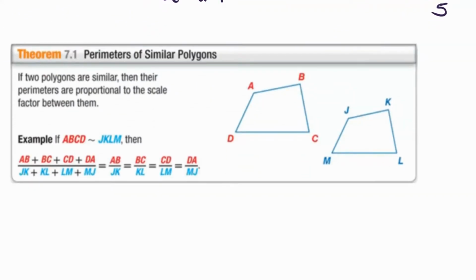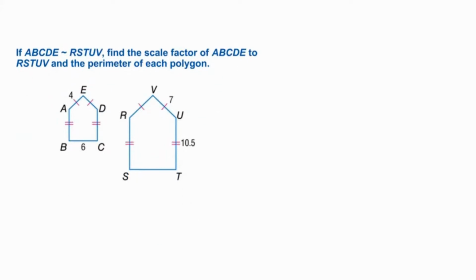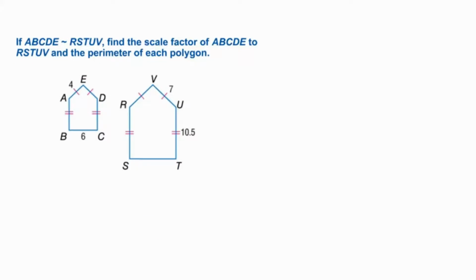The perimeters of a polygon are all the sides added together, so their scale factor, they're proportional to the scale factor of the sides, because you are adding all the sides together. So we're told that these two polygons are similar. Let's fill in the sides that we know.